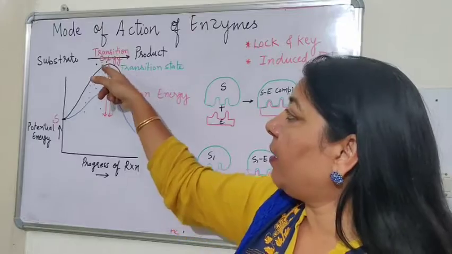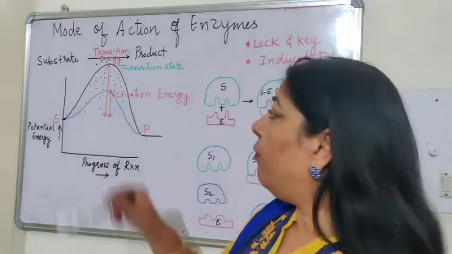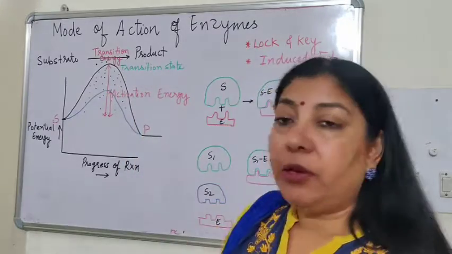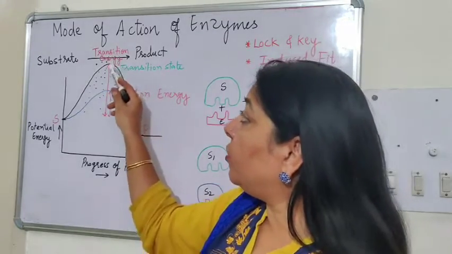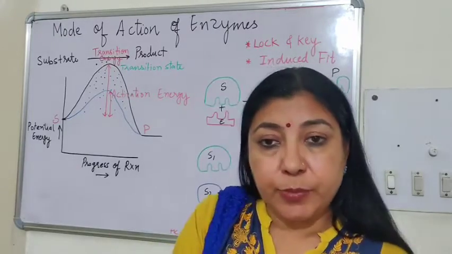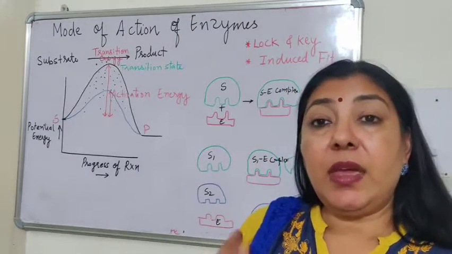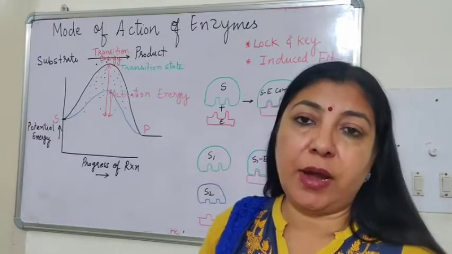You can see where the black curve is shown and the blue curve is shown. With the black curve, you can see the transition energy required for converting substrate into product is very high. Very high activation energy is required.